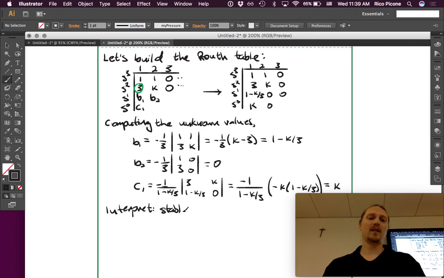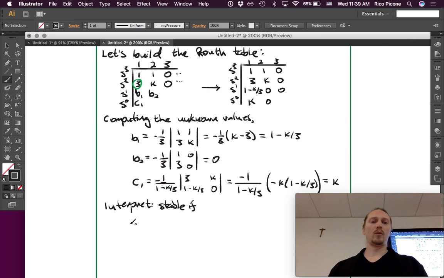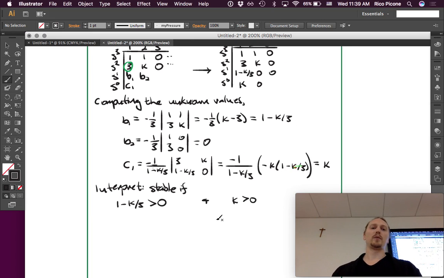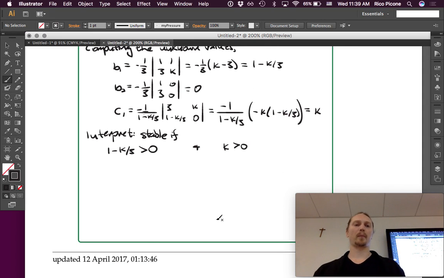Okay. Interpret: stable if 1 minus k over 3 is greater than 0, and k is greater than 0. So 1 minus k over 3 is this term, and k is this term. So we're stable if those two things are true.